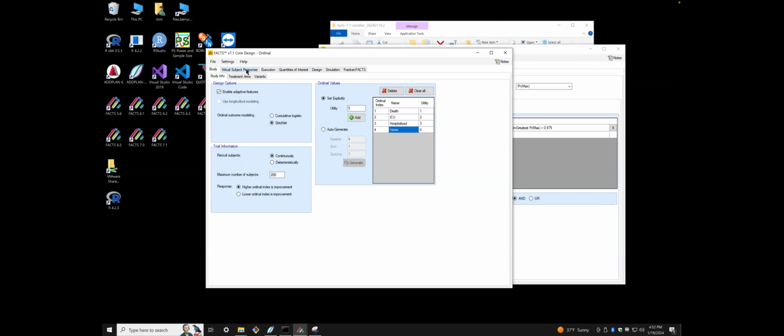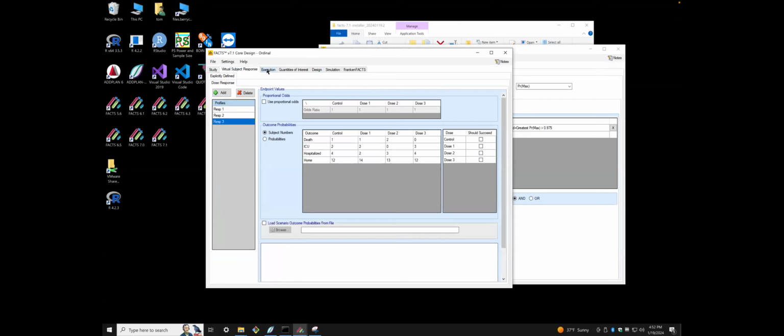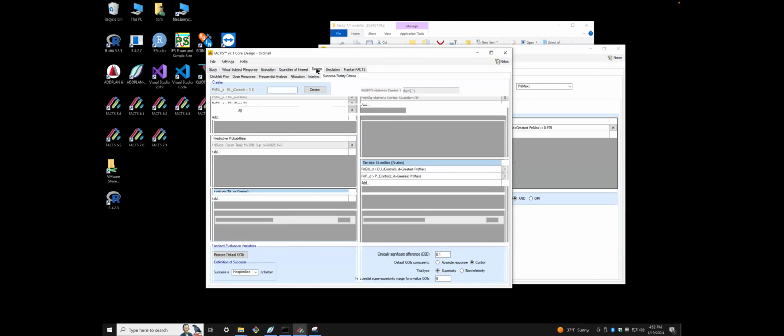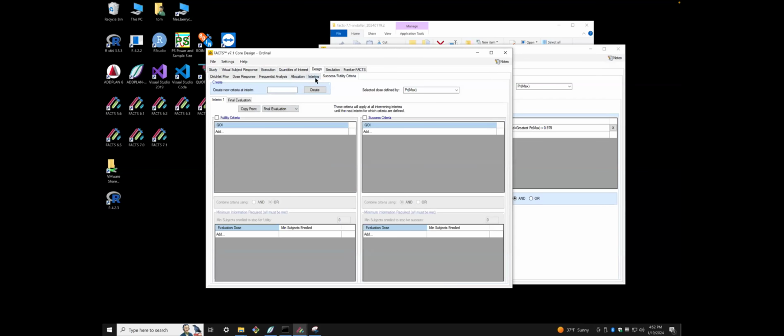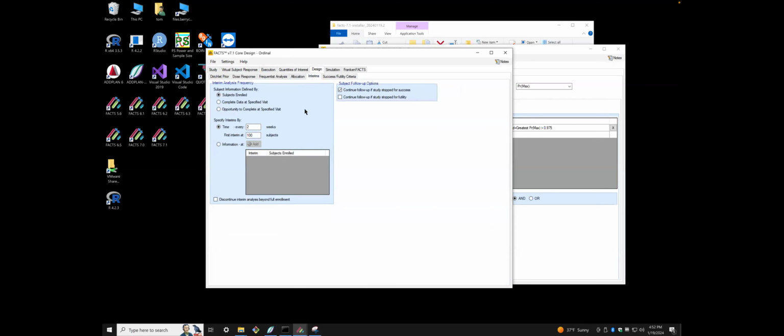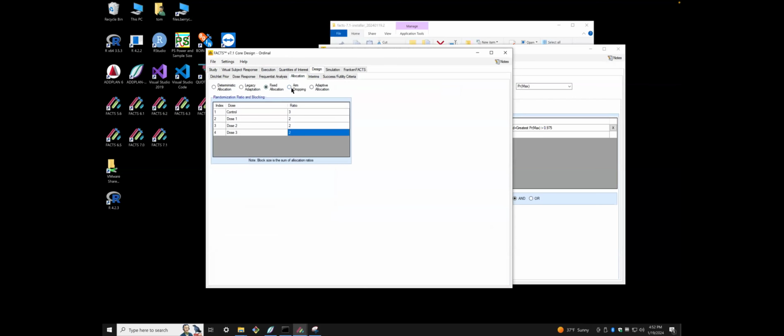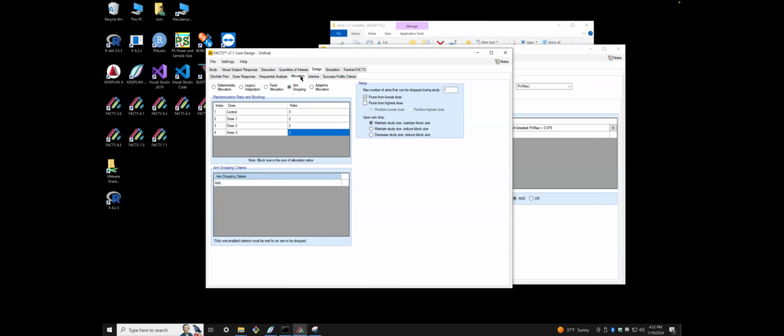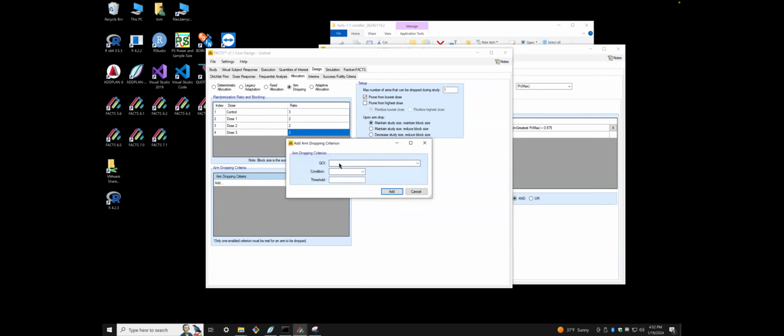If I turn on the adaptive features, most of this has remained the same, but now under the design, I get the ability to specify interims and some different allocation options. So I can keep it fixed allocation, but allow arm dropping.